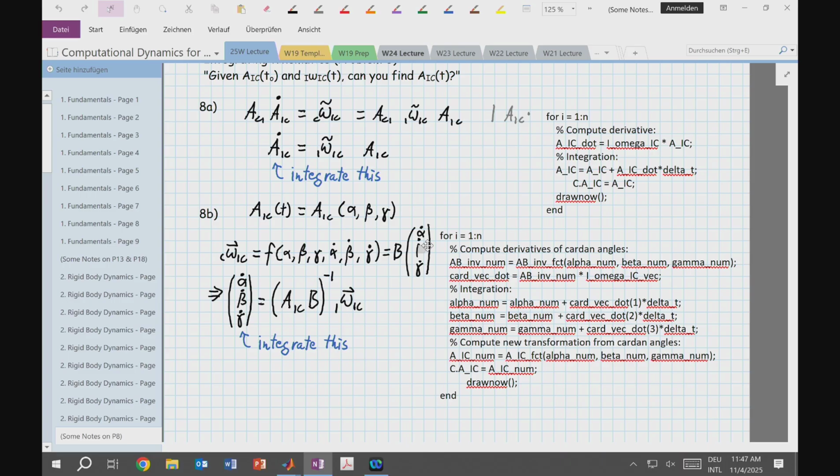One way to do this is to apply the chain rule and say AIC dot is equal to partial A partial alpha times alpha dot. Right? That's the chain rule. Instead of taking the time derivative of the whole thing, I take the derivative of A against alpha multiplied with alpha against time, alpha dot, right? And then I do this partial alpha, partial beta, beta dot, and so on.